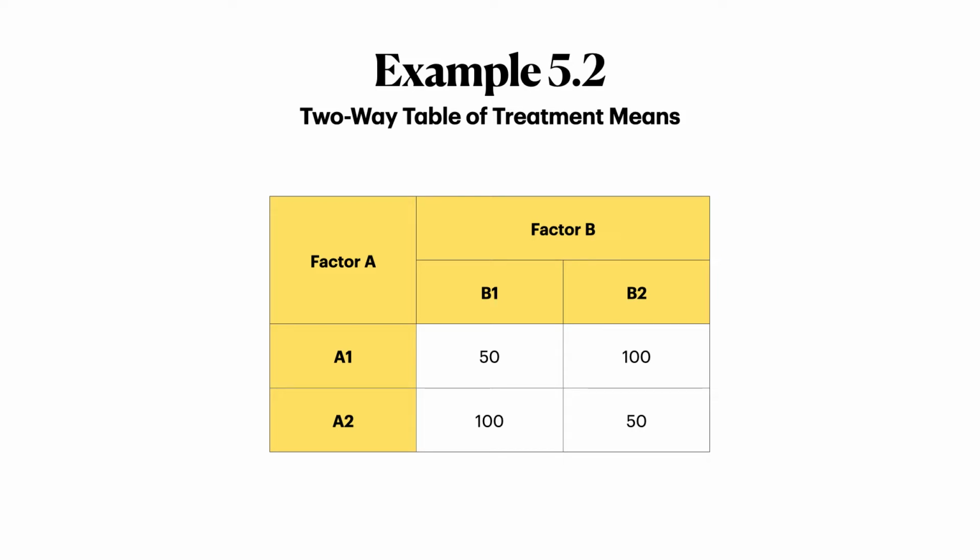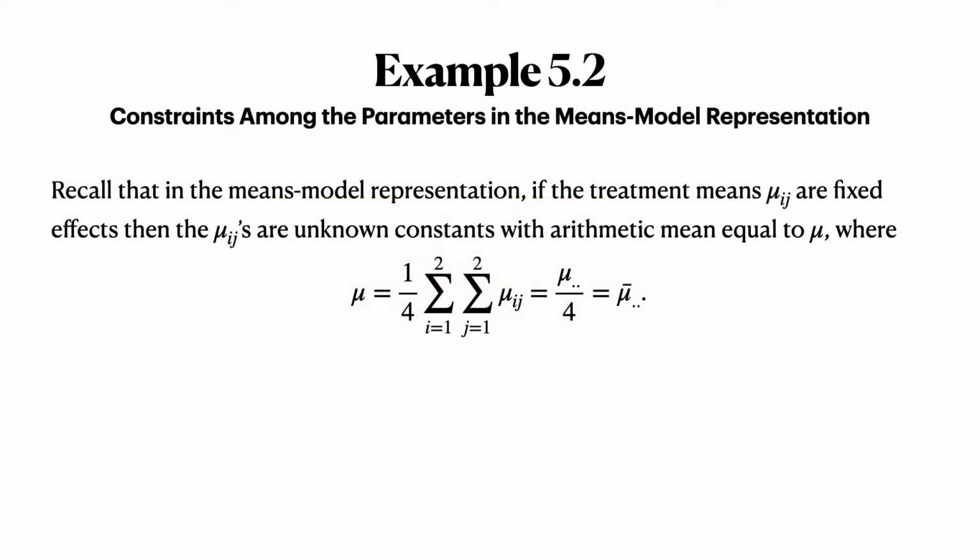So these are the treatment combination means, and we're going to be calculating various means and effects as we did in the previous example for this particular situation. Now recall that in the means model representation, if the treatment means mu sub ij are fixed effects, then the mu ij's are unknown constants, and the arithmetic mean of their values is equal to mu, the overall treatment mean, which is calculated in several ways.